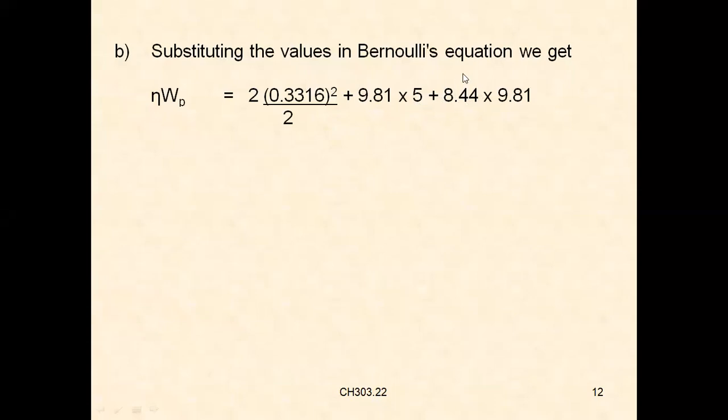HF we have calculated in terms of head. If it is required in terms of energy, then we have to multiply it by g. So this is the value of HFS. So efficiency into WP is 131.9 joule per kg.